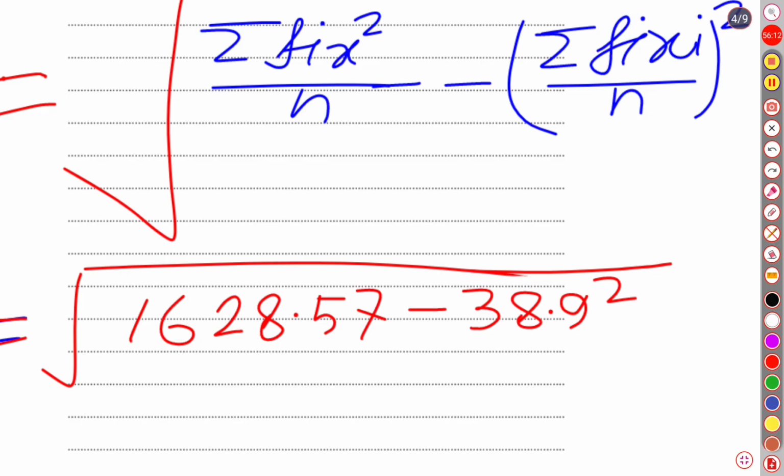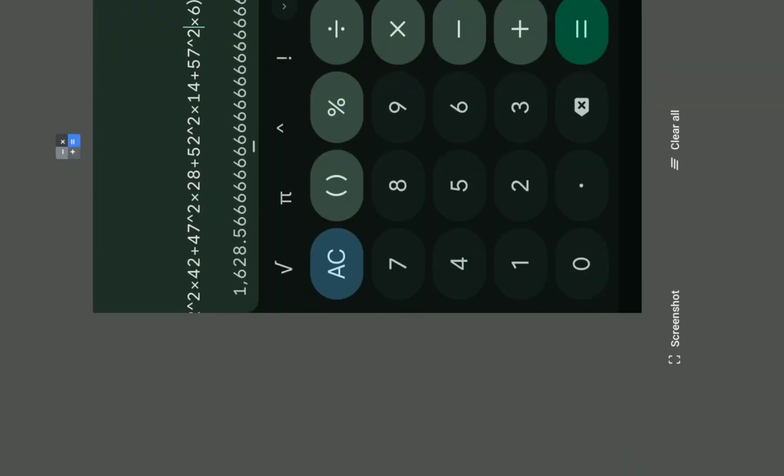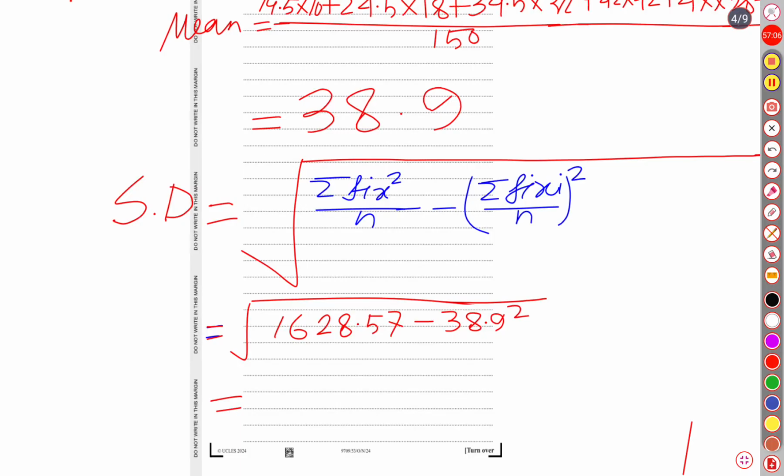equal to the square root over this one. To get a more accurate answer, we will have to expand it.